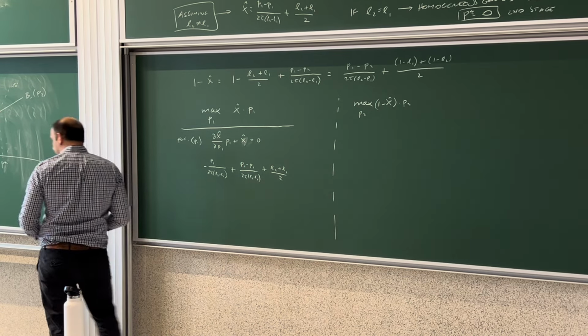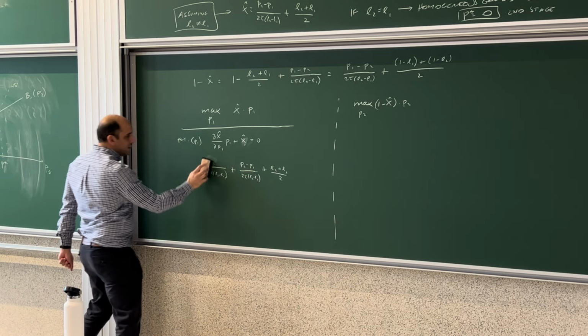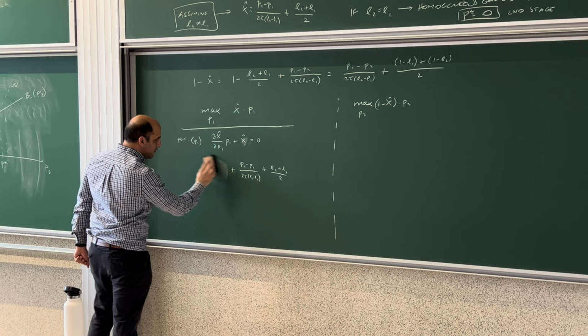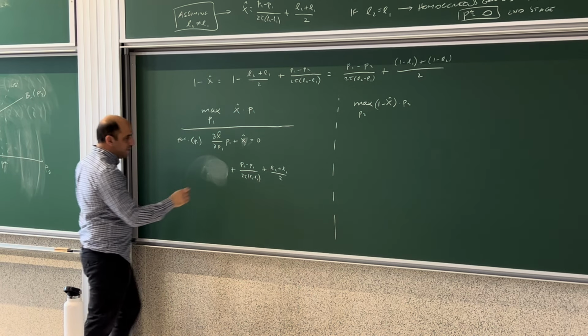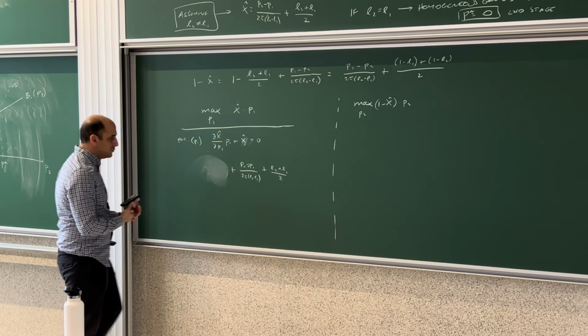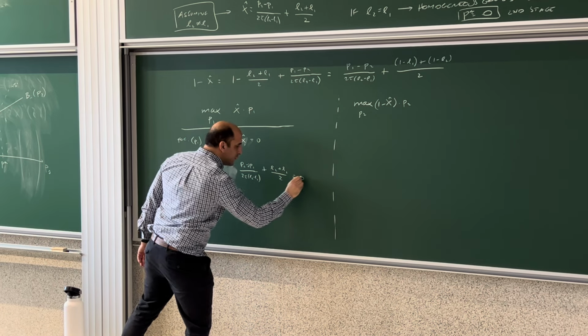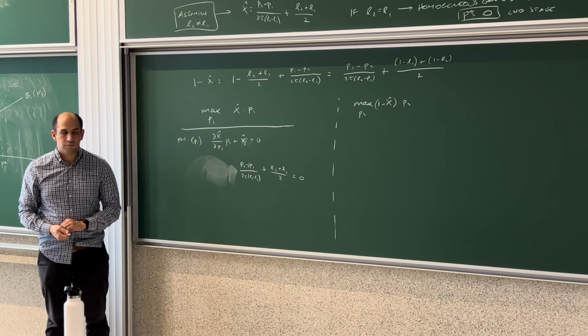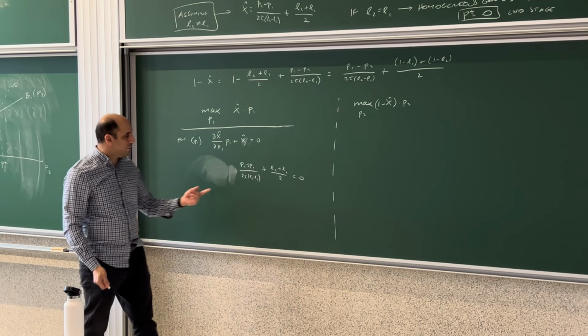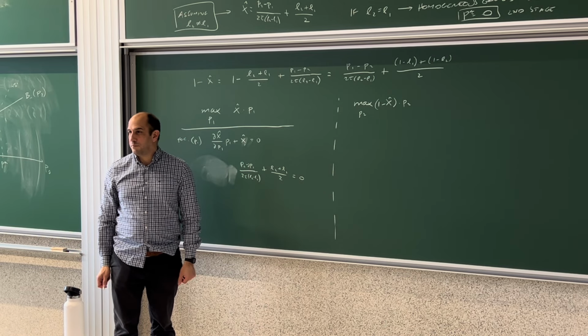And so it's basically minus 2P1 here equals 0. Okay, and now we have to solve for P1.